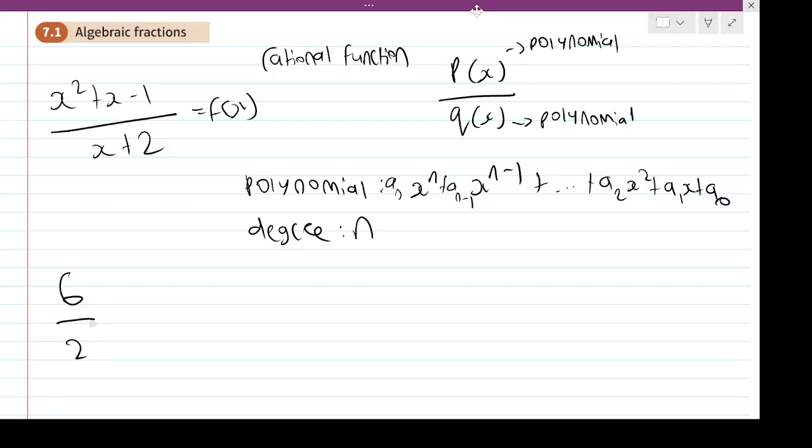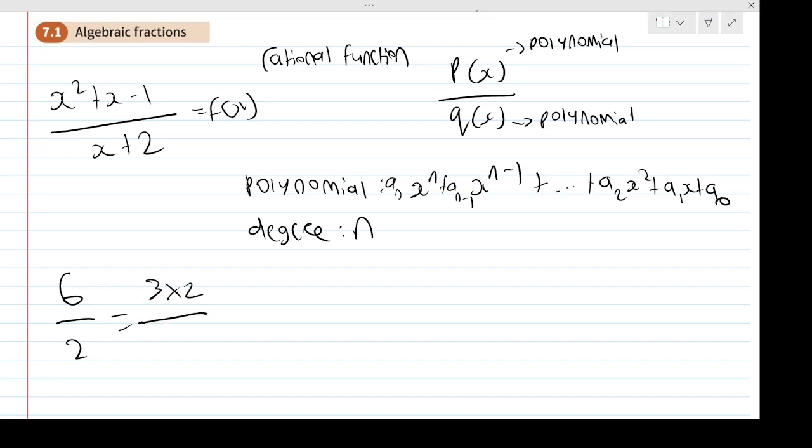And in this example, we can see that 2 goes into 6 and 2, because then that's the same as 3 times 2 over 2 times 1. And so we can simplify a fraction down by cancelling out any numbers that go into both. So 2 is common on the top and the bottom, so I can cancel that out, and then I'm left with 3 over 1, which is just 3.